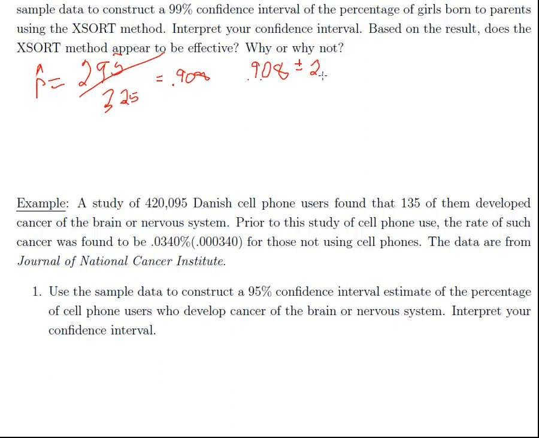My value for Z was 2.58, and we take the square root of 0.908 times 1 minus 0.908, that's Q hat, divided by N, so 325. All right, so that gives me a confidence interval of 0.867 up to 0.949.